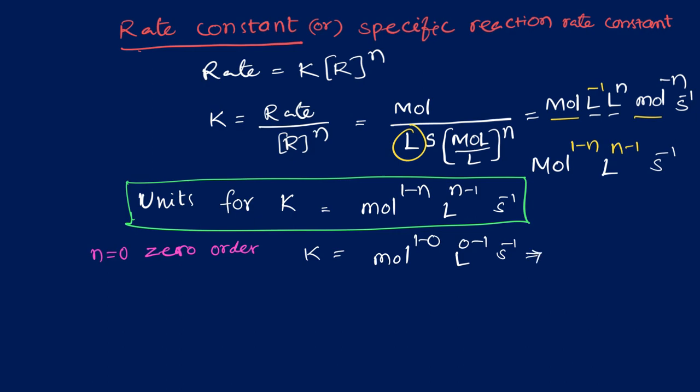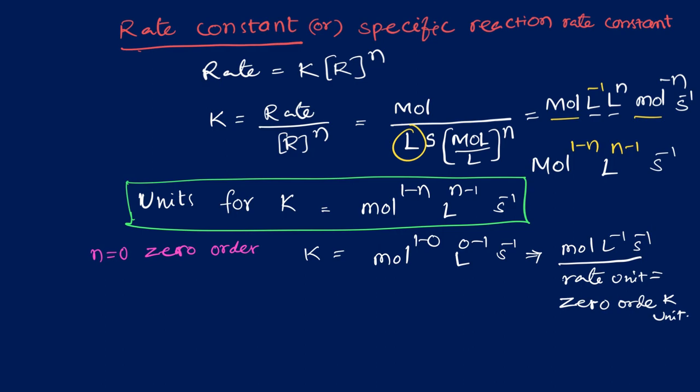This can be written as mole liter inverse second inverse. This is the unit for rate also. So they may ask the question, which order reaction units are equal to rate units? This is zero order. Rate unit is equal to zero order rate constant unit.